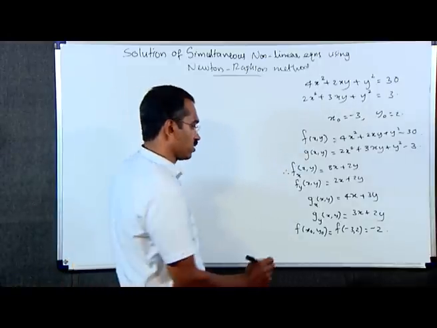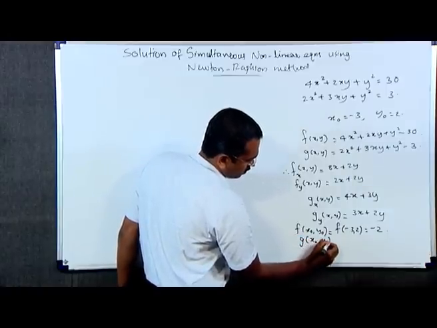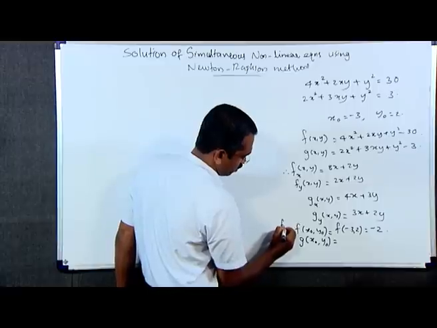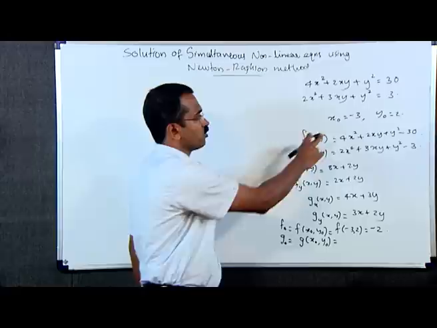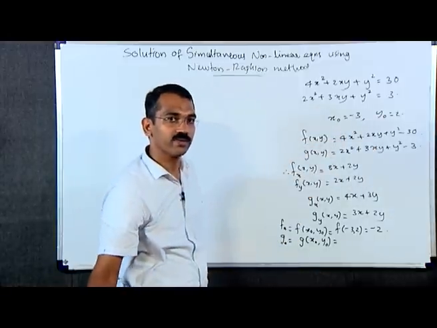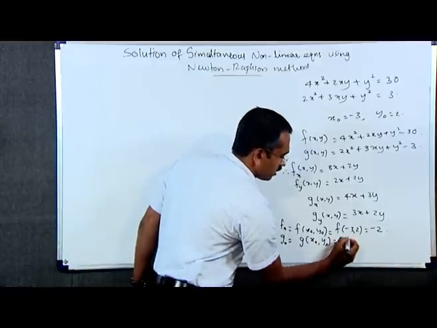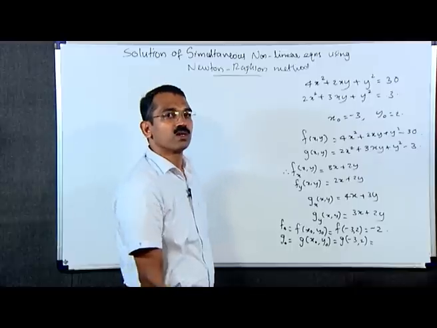Now, g naught, or g of x naught y naught: putting x naught equal to minus 3 and y naught equal to 2 in the expression for g of x y, g of minus 3 comma 2 is equal to 1.